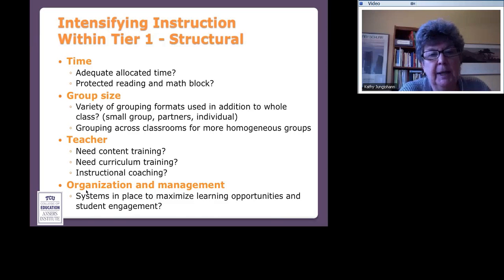Another structural aspect is looking at the teacher. Does the teacher need content training in terms of the instruction that they're teaching? So for instance, in the last several years, we've learned a lot about reading, and there's been a lot of in-service, a lot of training provided to teachers around teaching the 5 big ideas of reading instruction, what's important to teach, how to teach these various strategies.